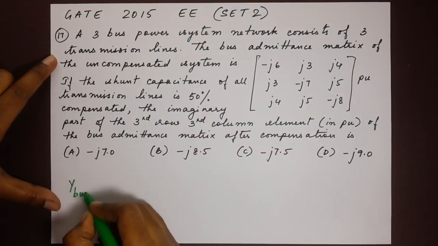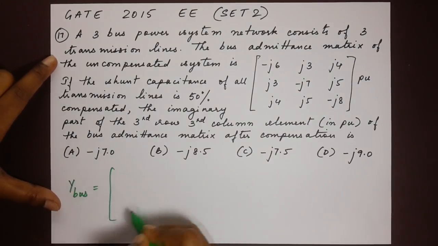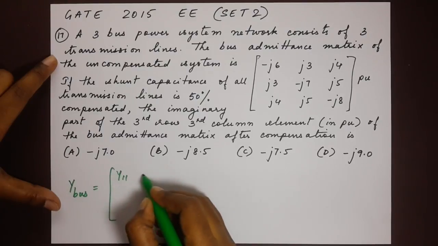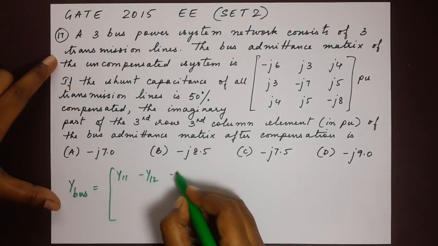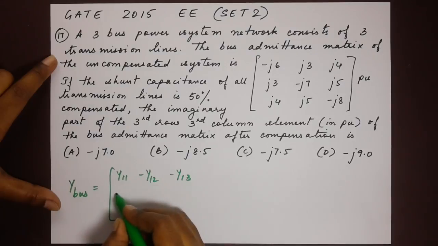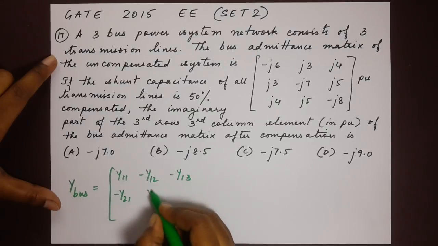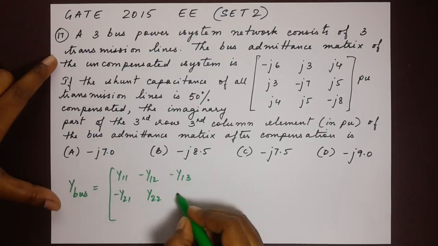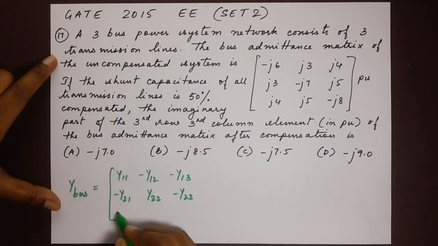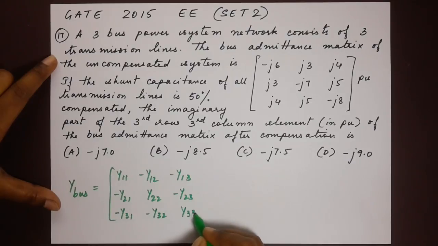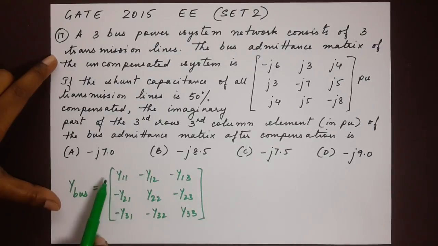Y bus would be equal to Y11, minus Y12, minus Y13; minus Y21, Y22, minus Y23; minus Y31, minus Y32 and Y33. So note here that the diagonal elements are positive.